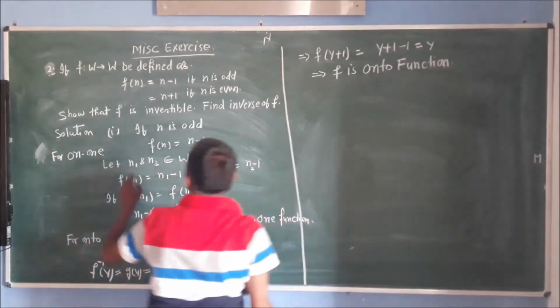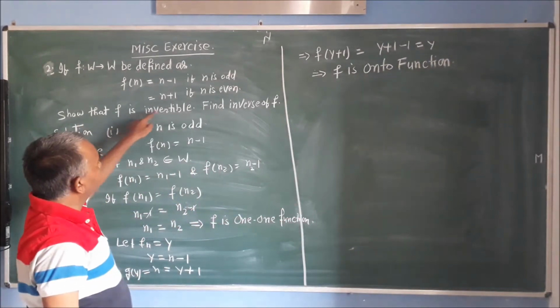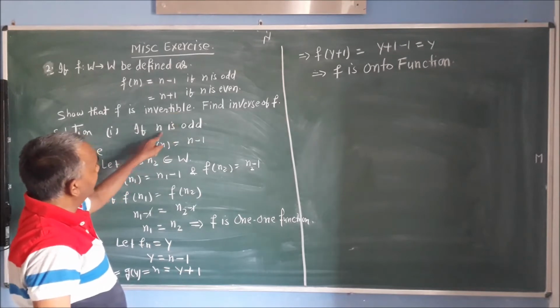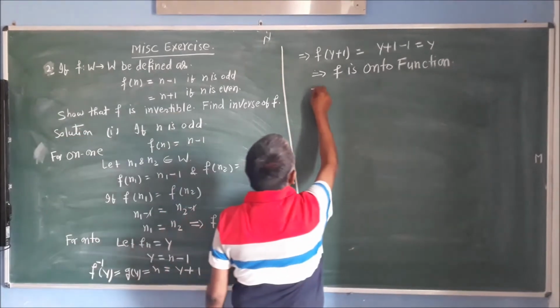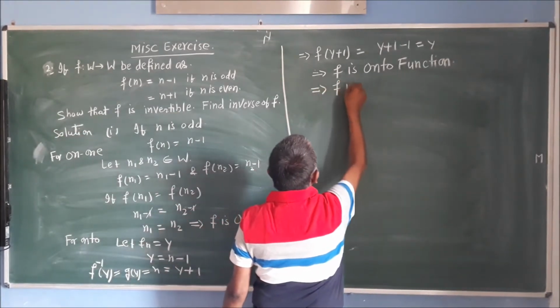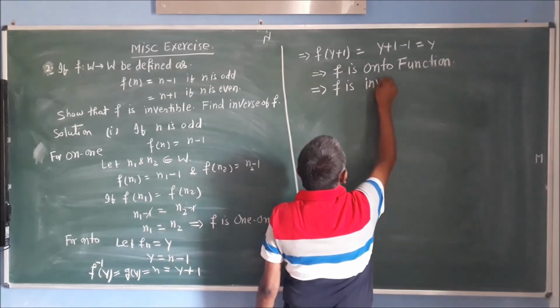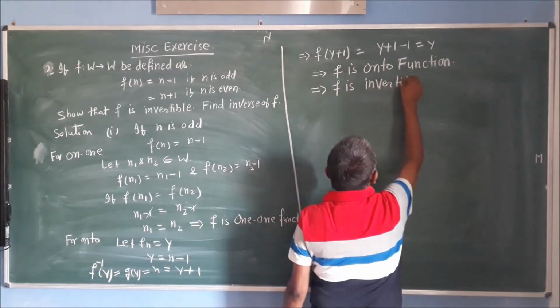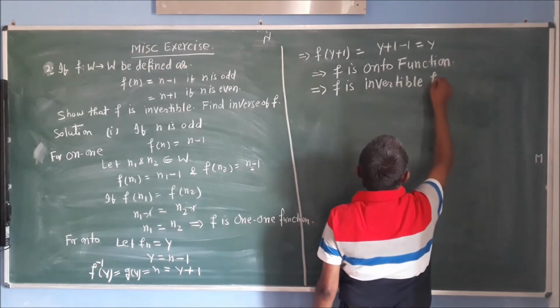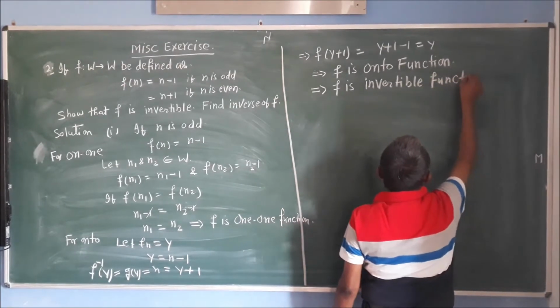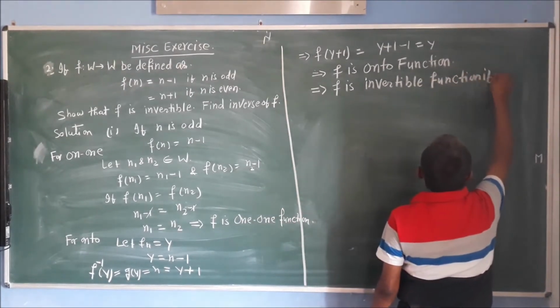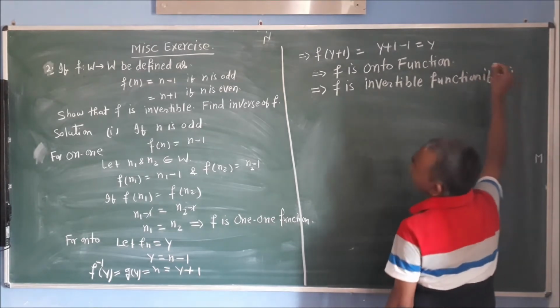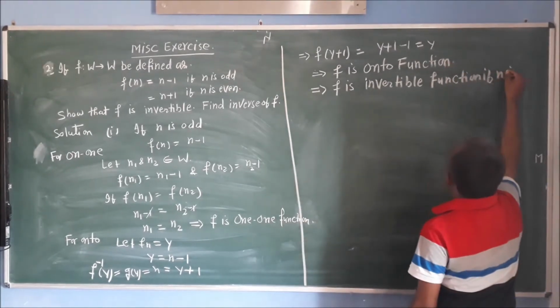It means f is an invertible function when n is odd.